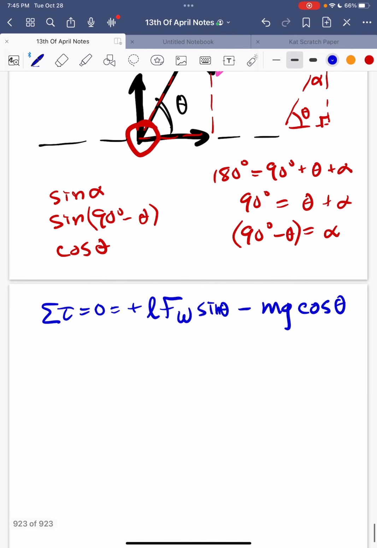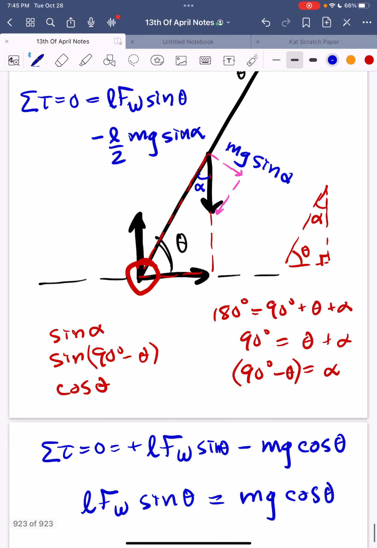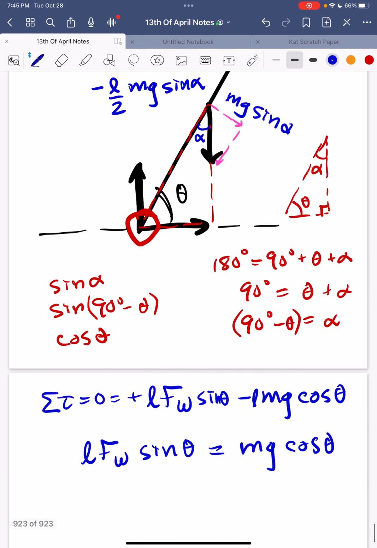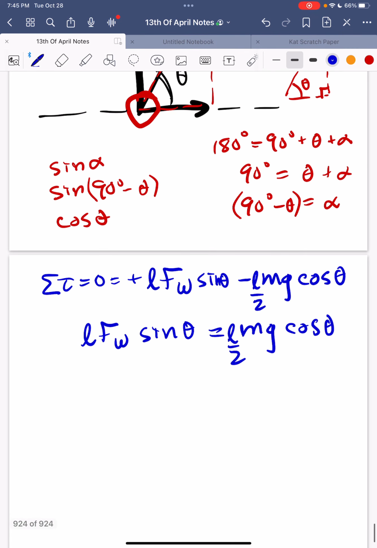All right, and if that all equals 0, then I can basically say L times the force of the wall times sine theta equals mg times cosine theta. And oh yeah, this thing I forgot has L over 2. I didn't copy that down. L over 2, L over 2, like that. Because that's the length of the distance to the pivot point.